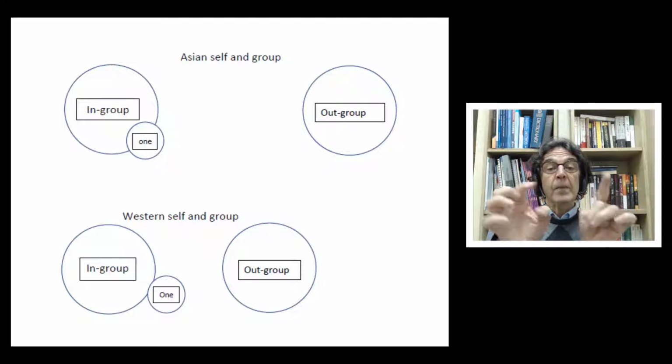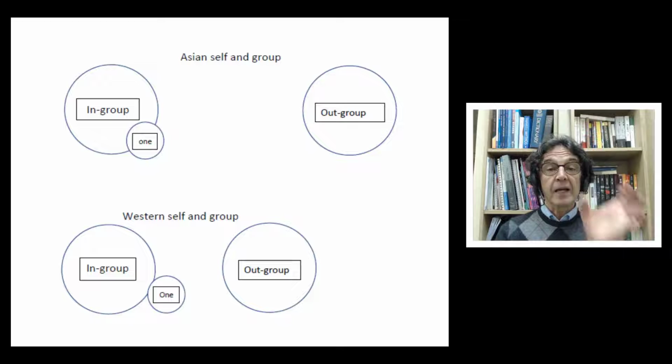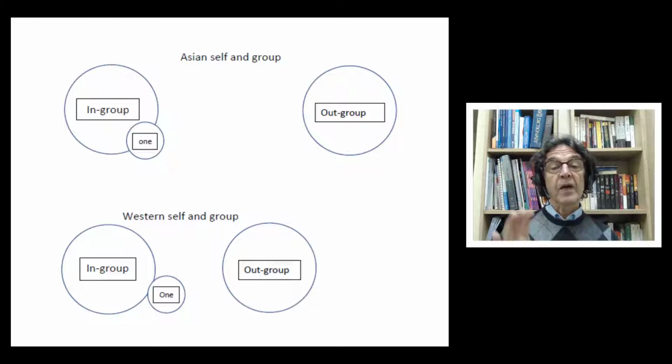But just coming back to this now, on your screen you can see an in-group and an out-group. Now, the in-group is the group of people that you feel you have a relationship with. So family, friends, maybe co-workers, that sort of thing. The people that you feel you have some identity with, if you like.